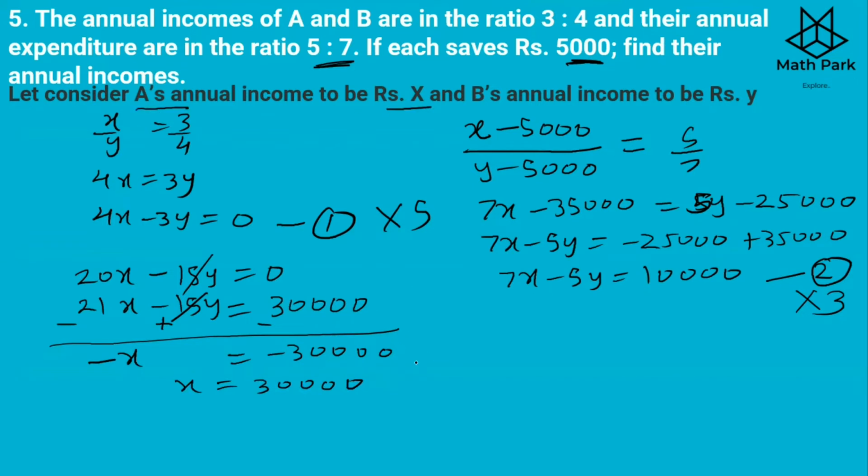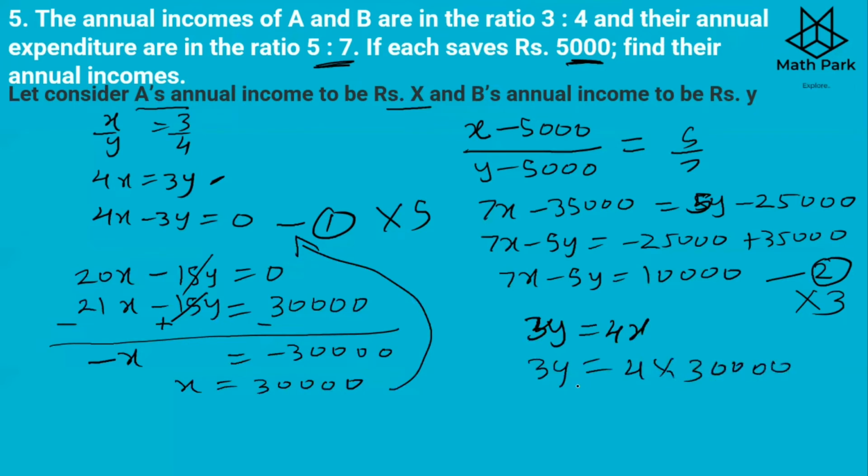Let us substitute this in equation number 1. So we'll put this in equation number 1, or you can put it here directly. So we'll put 4x is equal to 3y. Since I have to find the value of y, I'll write 3y is equal to 4x. So we get 3y is equal to 4 into 30,000. This 3 comes over here.